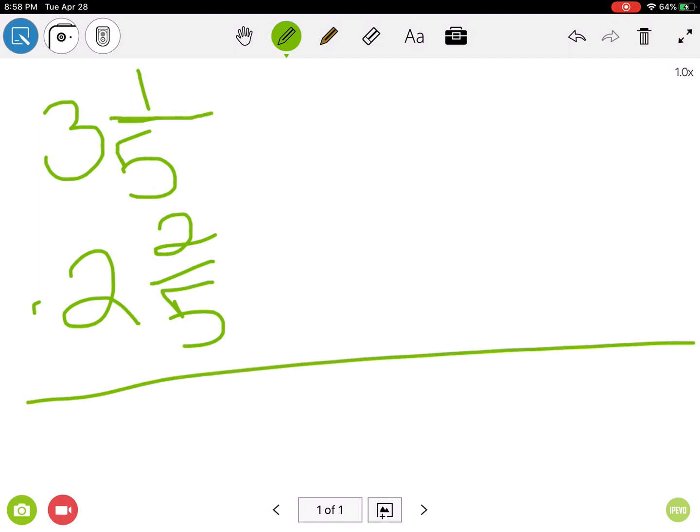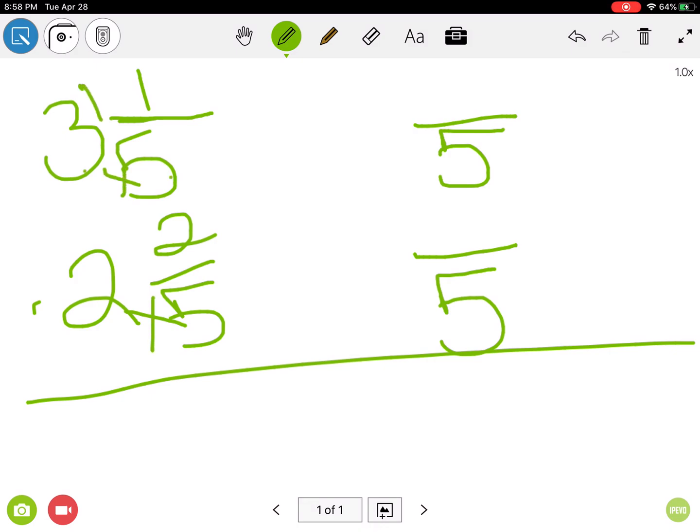So, going to make it into an improper fraction, and we know that the number that does not change is the denominator. Still stays a 5 because we're still talking, it's out of 5 pieces. This one's a little bit easier. 3 times 5 is 15. 15 plus 1 is 16. 5 times 2 is 10.